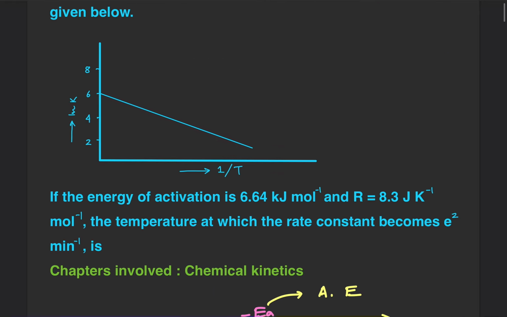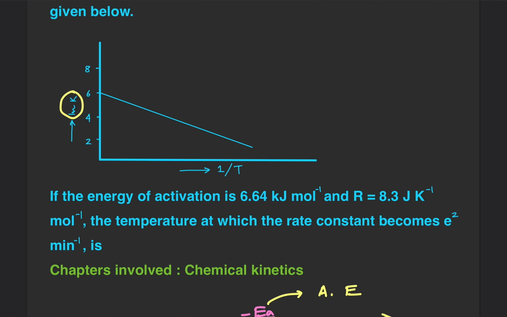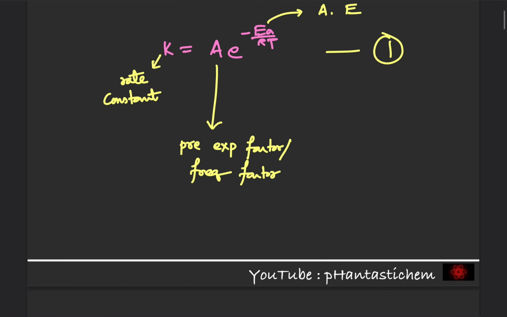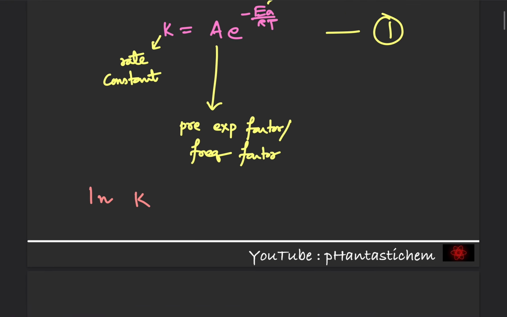Since they have given a graph of ln k versus 1 by T, let's take the logarithm of both sides of equation 1. So ln k will be equal to ln of the RHS, that is A into e to the power minus EA by RT.